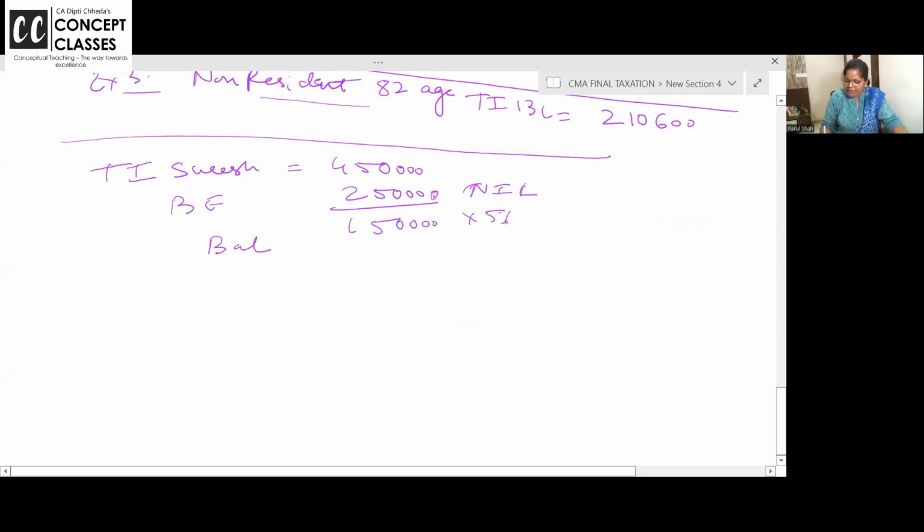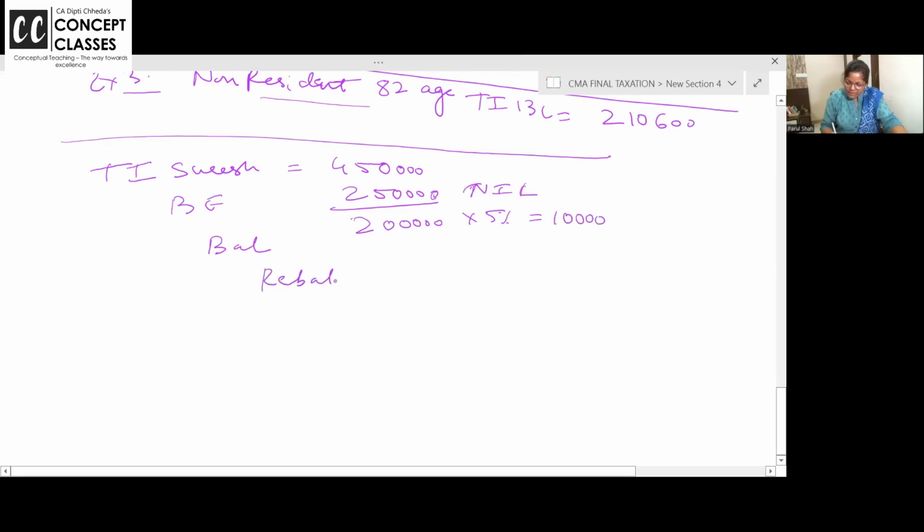How much do you have to pay the tax? 5%. Why did we take it this way? Up to 250 nil, and this is 450, so on the next 2 lakh it is 5%, that is 10,000.